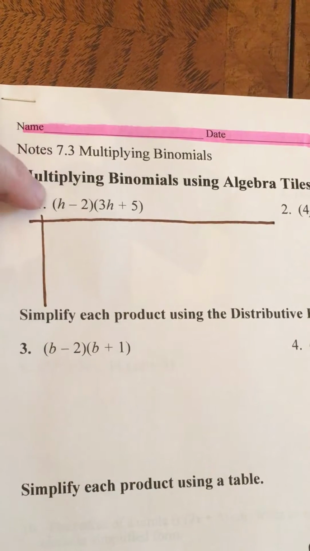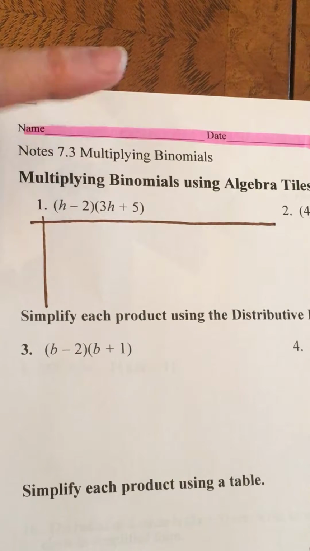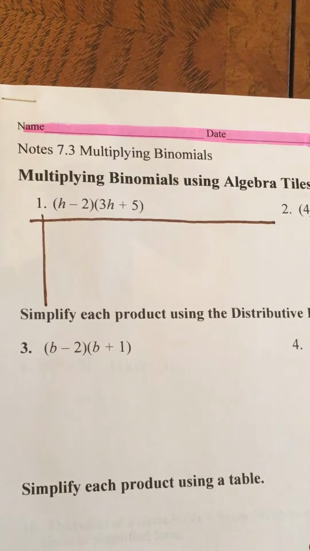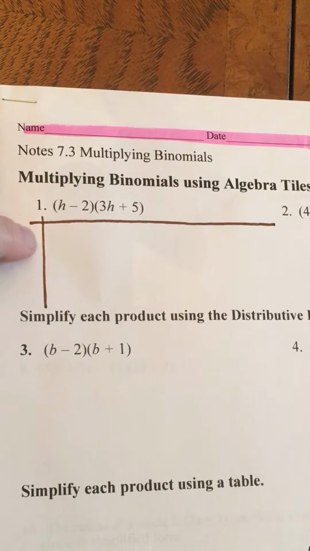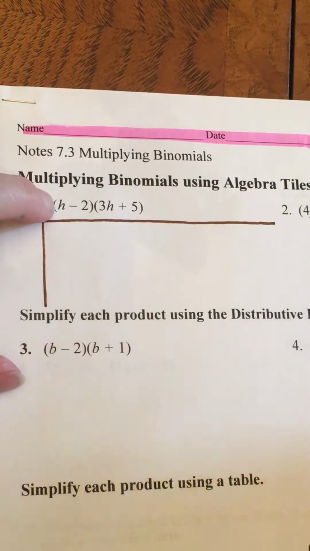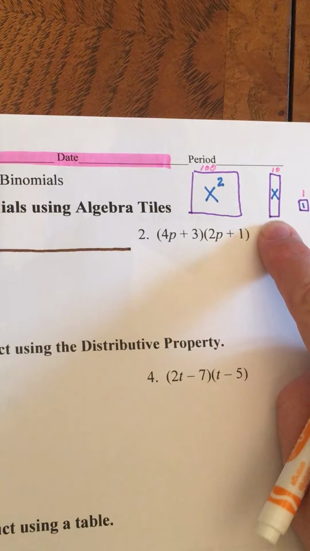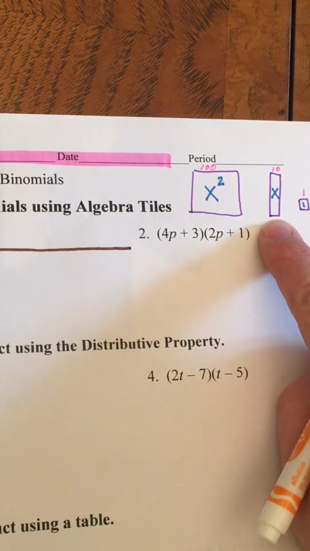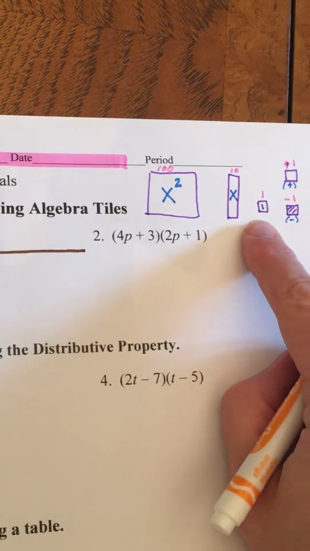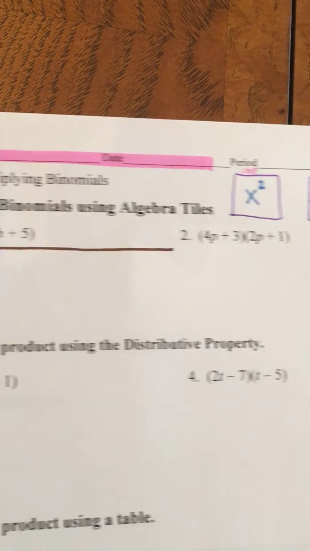So our first binomial has an h, just one h, minus 2 units. So that's what we're going to draw down the left of our framework. The h is equivalent to a long, skinny stick. And the 2 units will be the 2 baby boxes, but because it is minus 2, we will end up shading them.